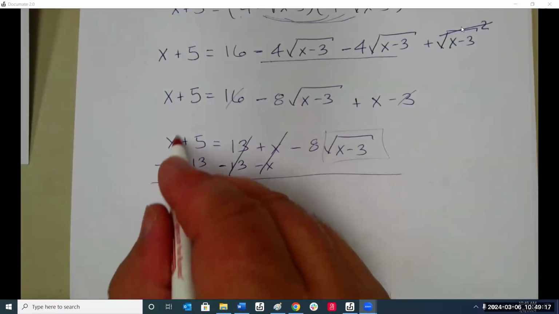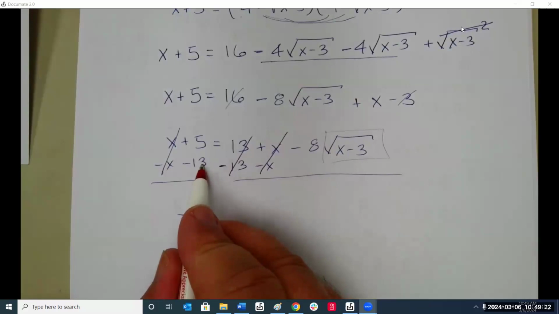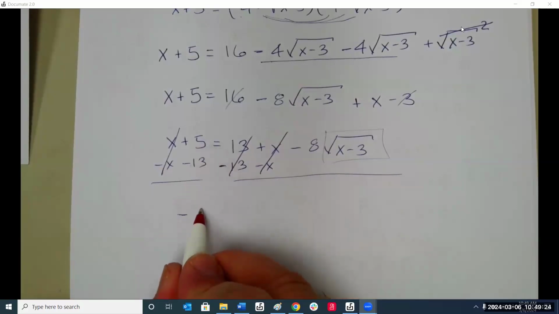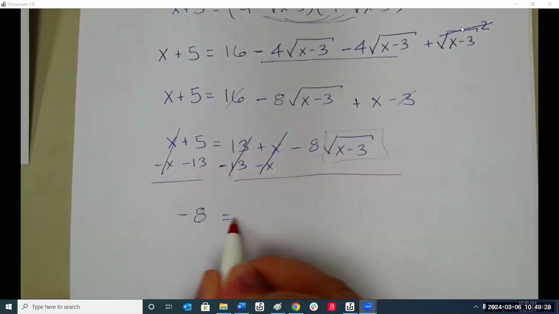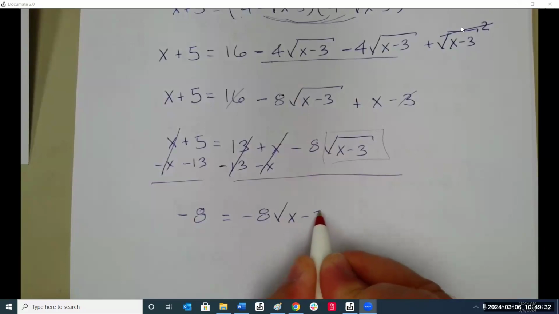Those two disappear. We have negative 13 minus 5 is negative 8, equals negative 8 radical x minus 3.